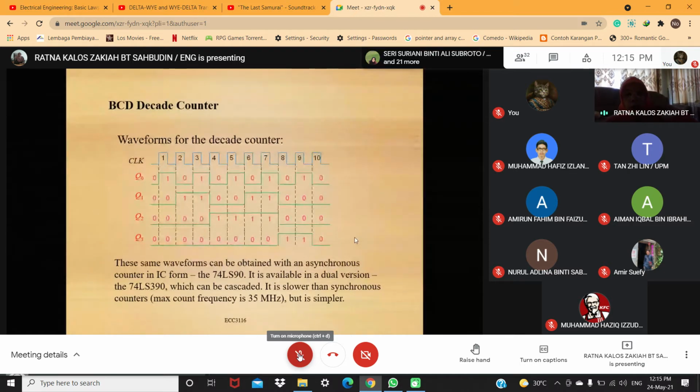It is available in a dual version, that is 74LS390, which can be cascaded. It is slower than a synchronous counter. The maximum count frequency is 35 MHz, but it is simpler.